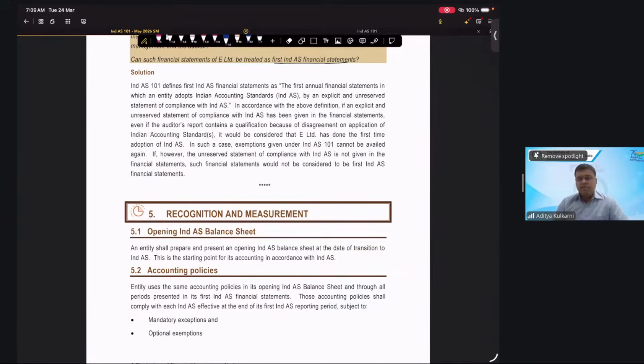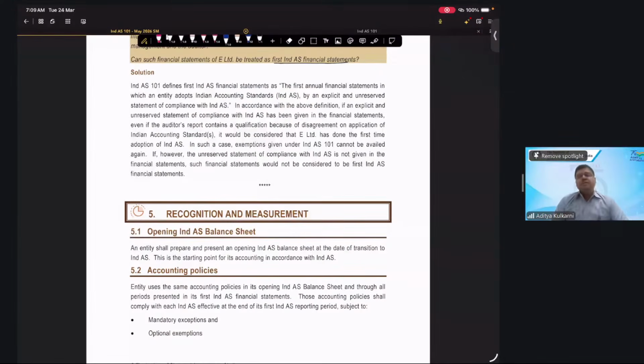Are we okay with this? So first point is recognize. Second point is there may be some assets and liabilities which you have recognized under accounting standard regime, but under Ind AS, they should not be there. So therefore, de-recognize assets and liabilities which are not required under Ind AS, but which were required under AS.